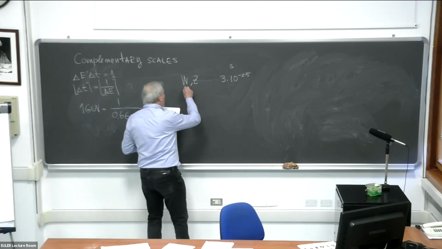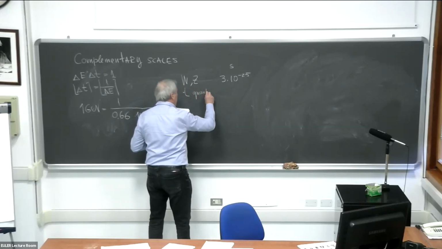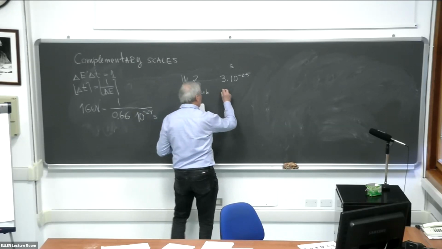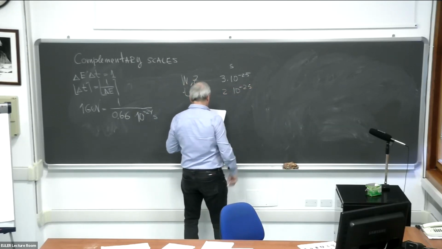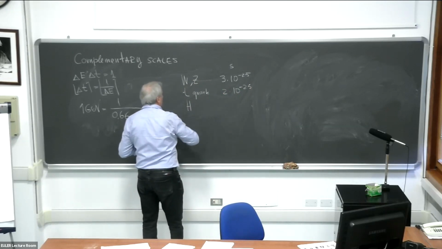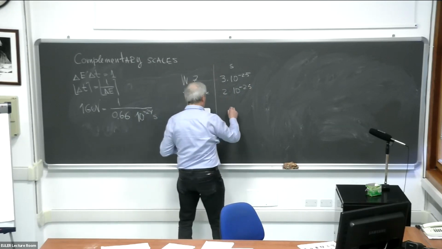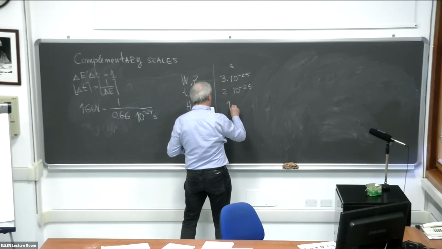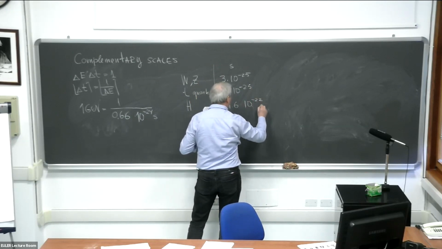Now, top quark, the heaviest one, has lifetime 2 10 to the minus 25, close to this. The Higgs boson has time 1.6 10 to the minus 22 seconds.